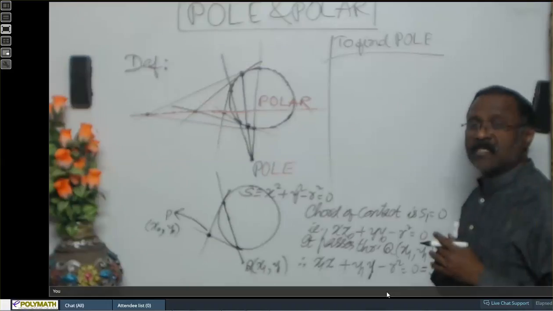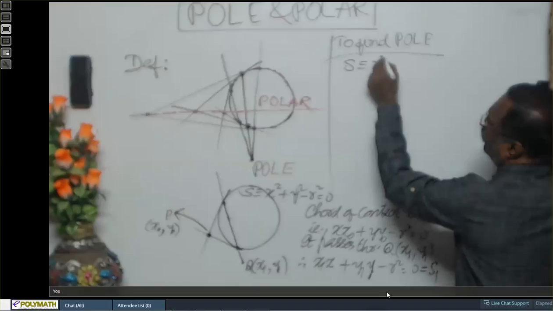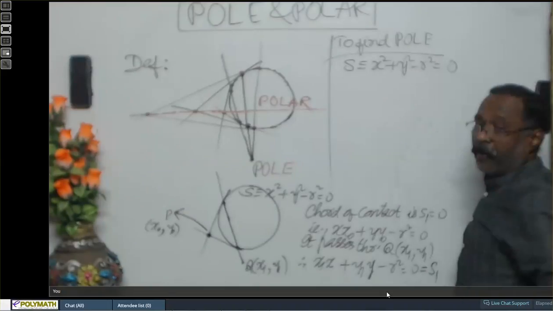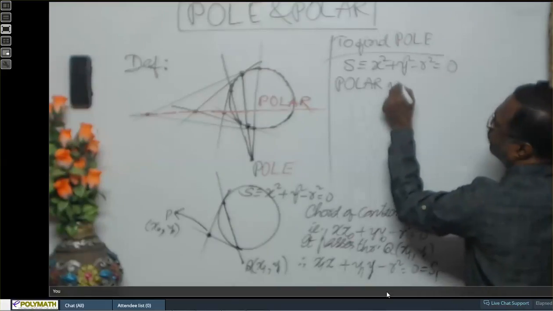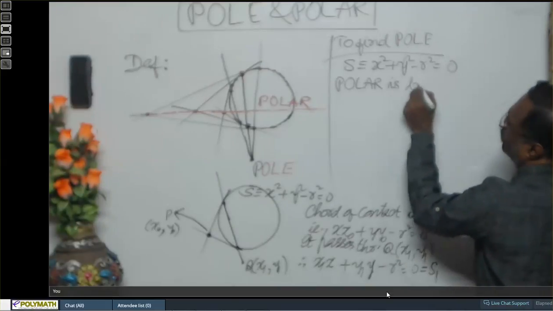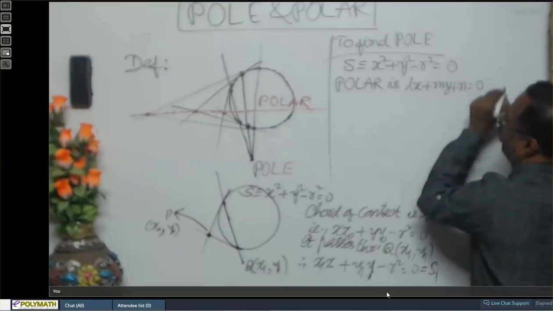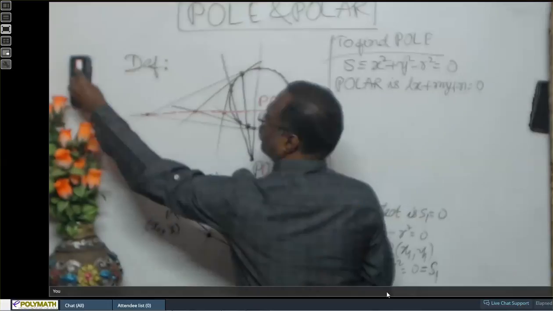The method is one and the same. Let me say the curve is S equal to x square plus y square minus r square equal to 0, and the polar is Lx plus my plus n equal to 0.